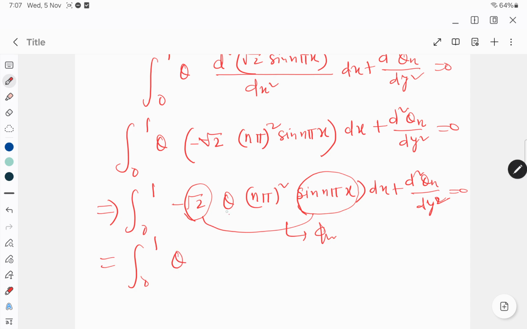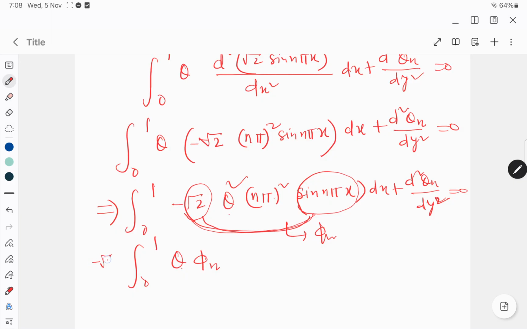So this and this become phi n. So minus n pi whole square, this is constant, so we can take it out.